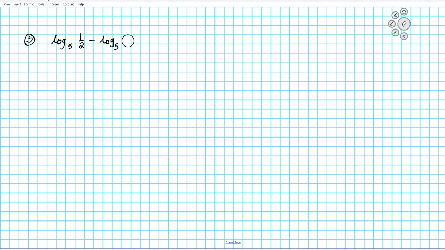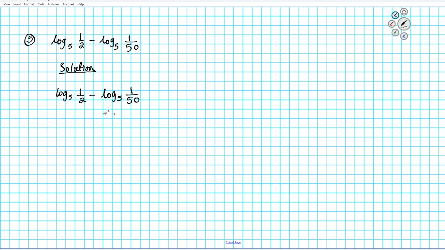The second logarithmic argument is actually 1/50. So let's take a look at this one right here. In this particular problem, we have the difference of two logs: log base 5 of 1/2 minus log base 5 of 1/50.